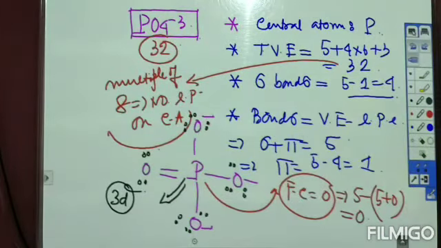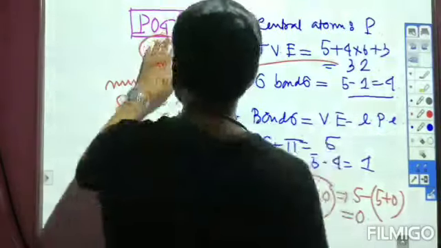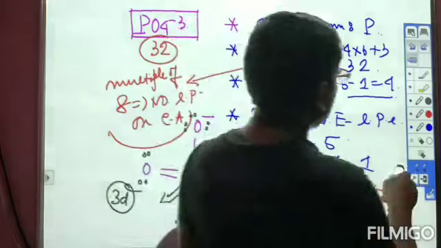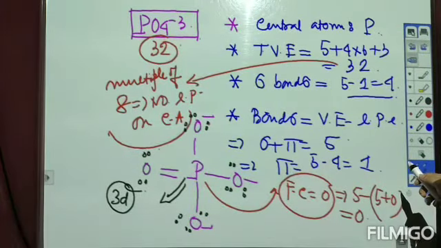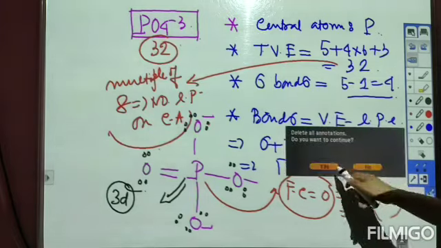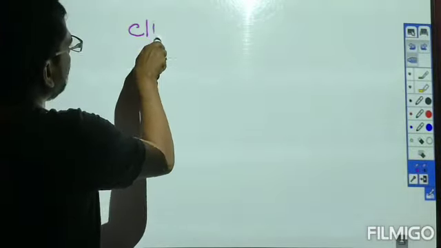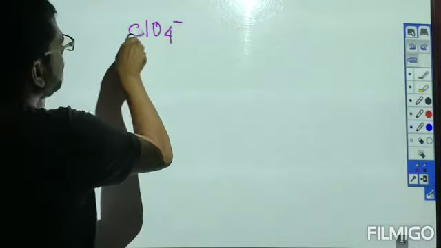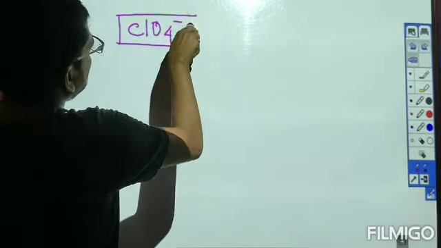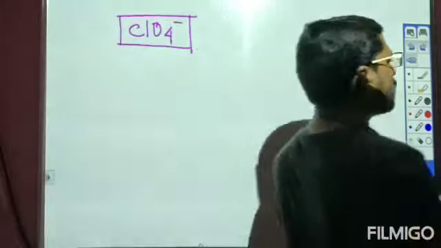See, for Lewis dot structure and Lewis structure, I'll explain in a minute after some. Now next, move to sulfur dioxide or ClO4 minus. First let me draw ClO4 minus. See, ClO4 minus. What will be the Lewis structure of ClO4 minus?